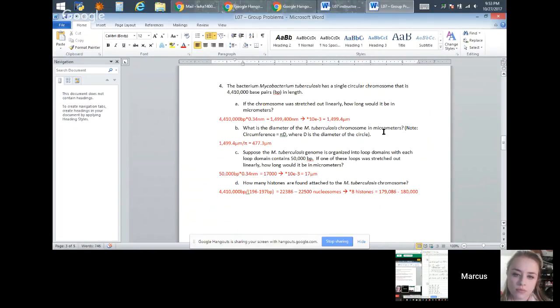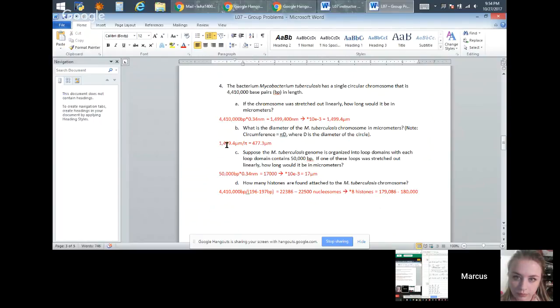And we just take the number of base pairs and multiply it by the length of each base pair, and then we multiply that out to get to our micrometers instead of nanometers, and that gets us to nearly 1.5 thousand, if I'm right, micrometers.